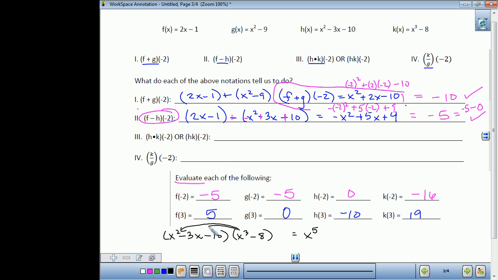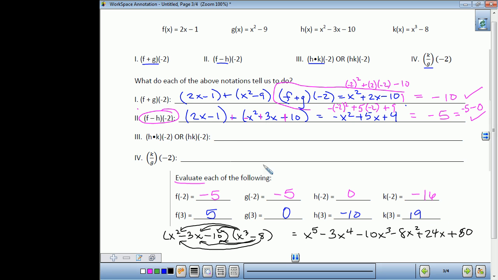Then I'm going to multiply it times the next one, and then the last one. And then I'll distribute that negative 8 through. That gives me negative 8x squared, positive 24x, and then positive 80. Okay, so ugly, but that's what it is.